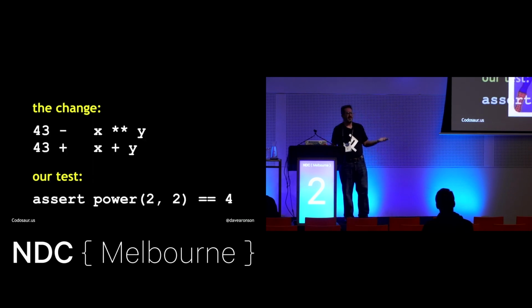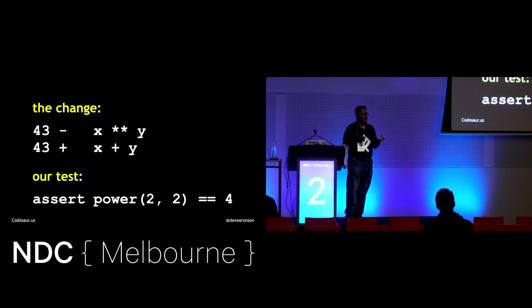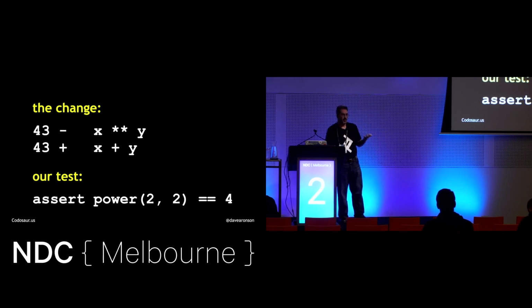So how can we kill this mutant? In other words, make at least one test fail when run against that mutant with a test that would pass run against the original code. It's quite simple in this case.